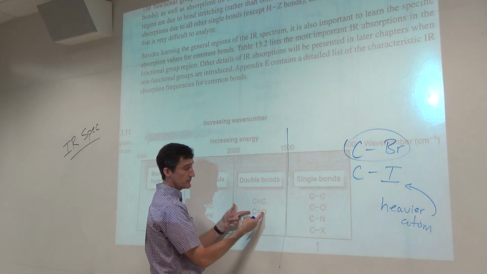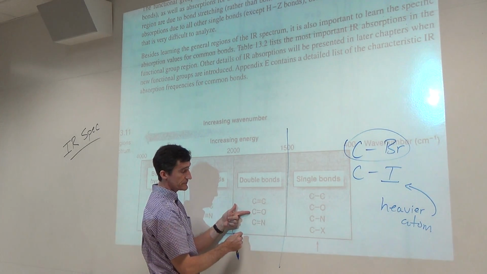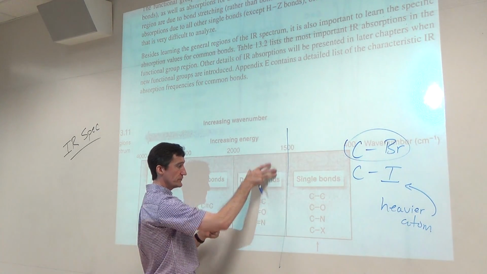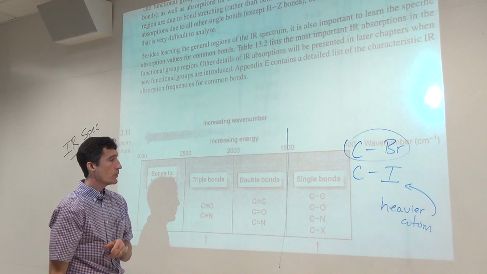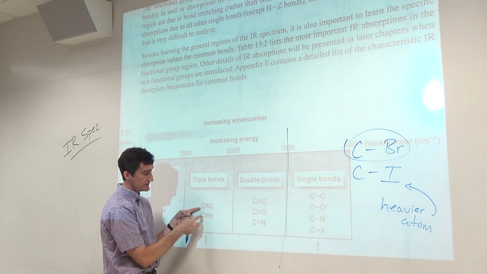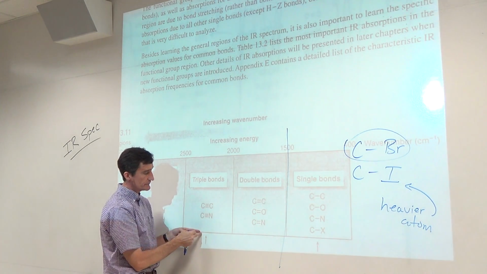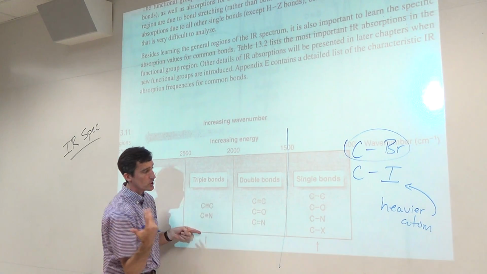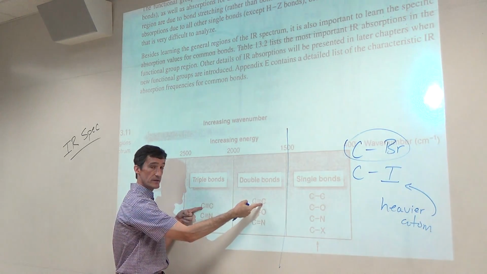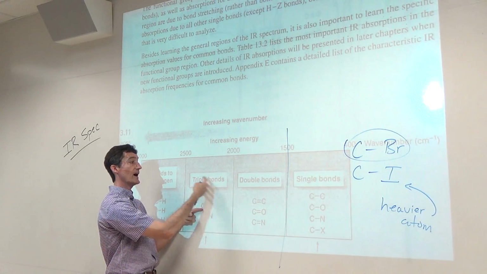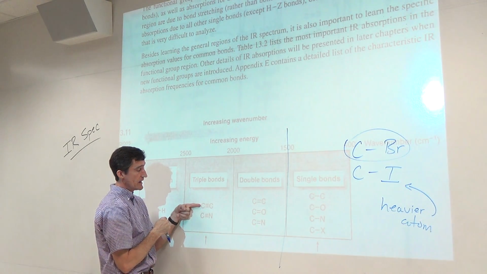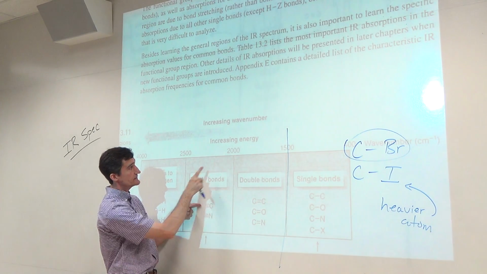You also have C double bond O, that's your carbonyl groups, a variety of functional groups. C double bond N, okay, that region. What about triple bond? C triple bond C, common, C triple bond N. It's very rare to have C triple bond O other than carbon monoxide. Triple bond being stronger than double, even more to the higher frequency end, higher wave number end.